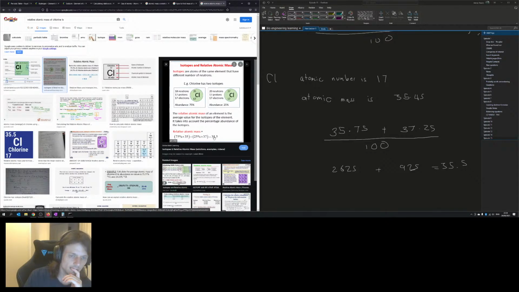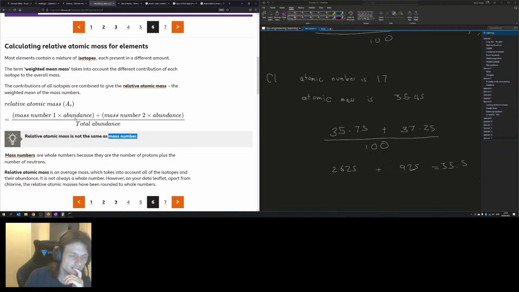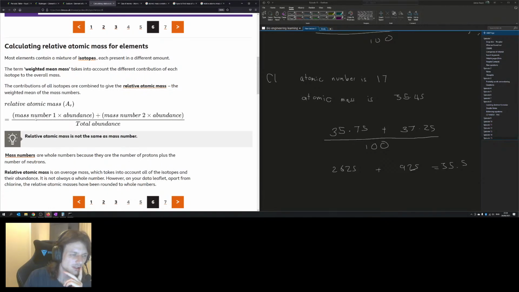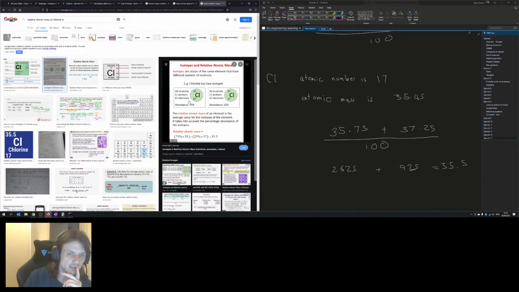Yeah, okay. So this abundance seems way too precise here as well. But that's weird. Mass number, if that's not the same as the relative atomic mass, and yet this one's mass number is 35.